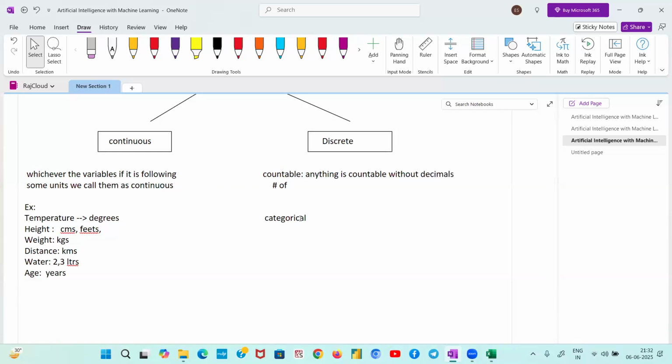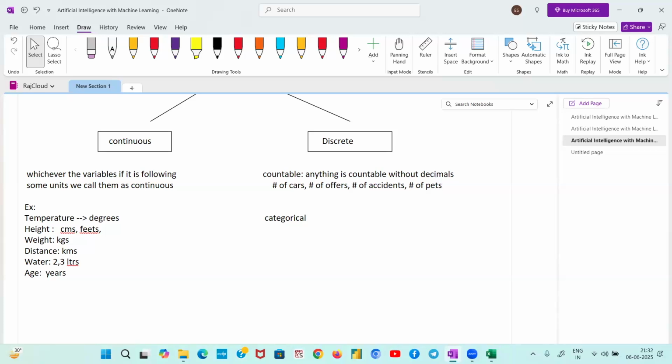Like the number of cars, the number of offers that you get, the number of accidents, or the number of pets that you have in your home. Can you divide this data into decimals?